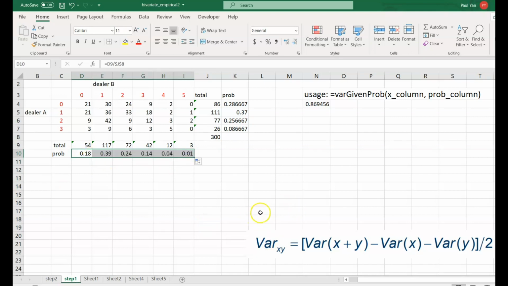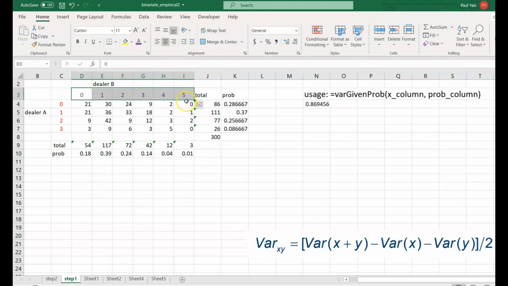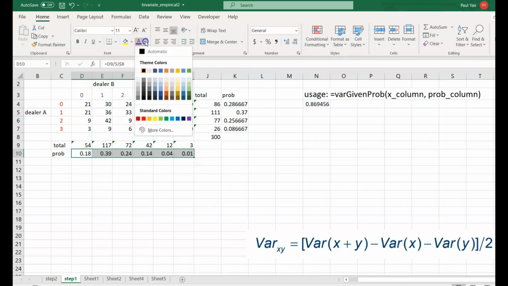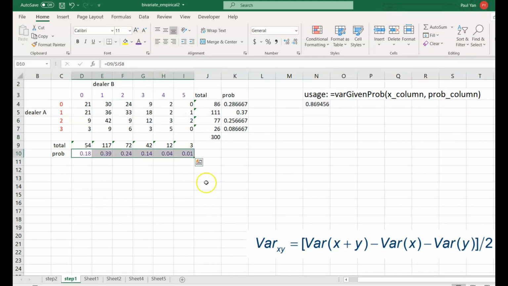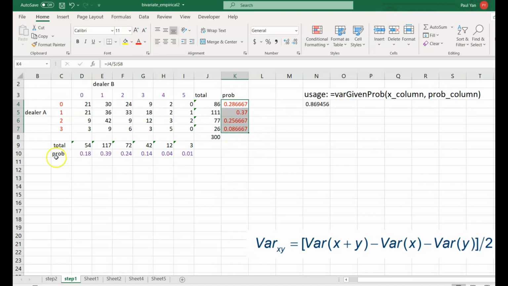We copy and paste. Okay, so for the dealer B, this is the X row, and let's make it purple. So this is the X row, and this is the corresponding probability. Just recall, for the dealer A, we use X colon versus probability colon.